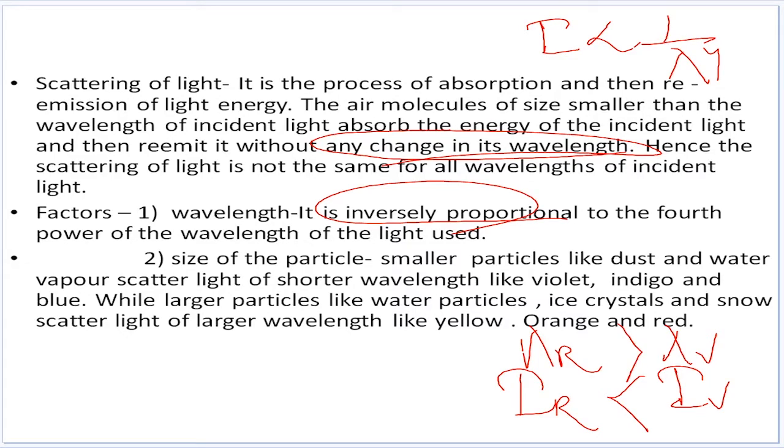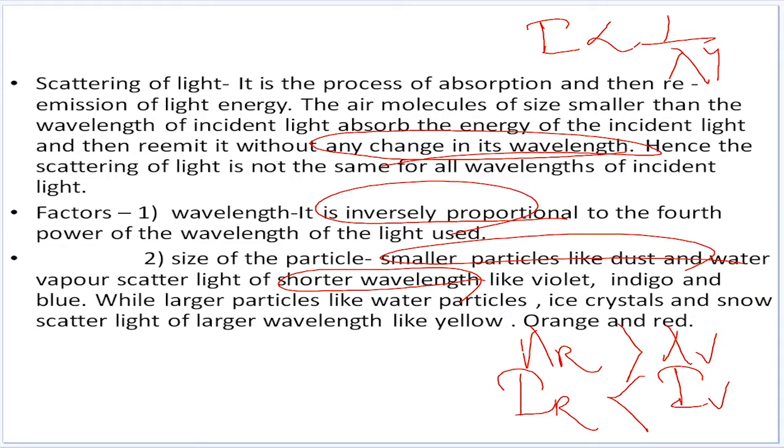And the second factor is the size of the particles. So please pay attention over here. The smaller particles like dust and water vapor scatter light of shorter wavelength. Smaller the size of the particle, the scattered light is of shorter wavelength like violet, indigo and blue.